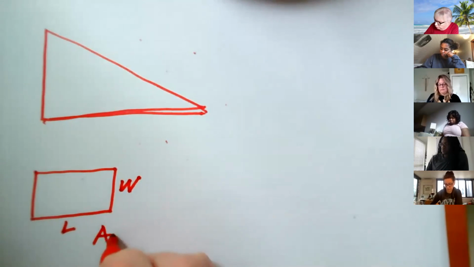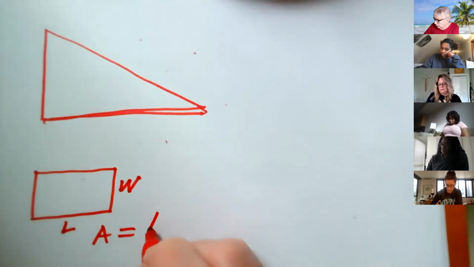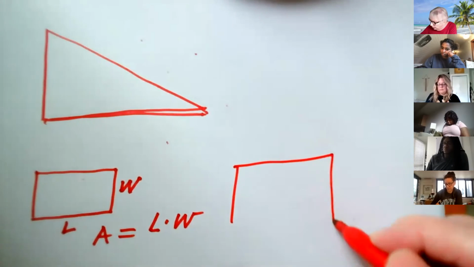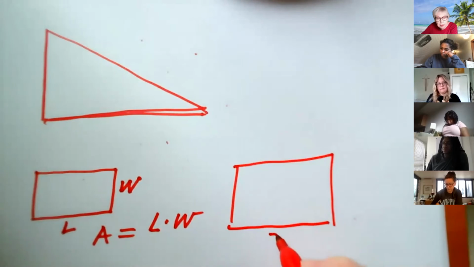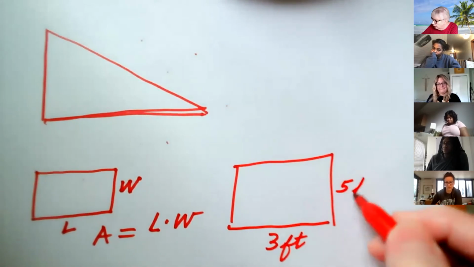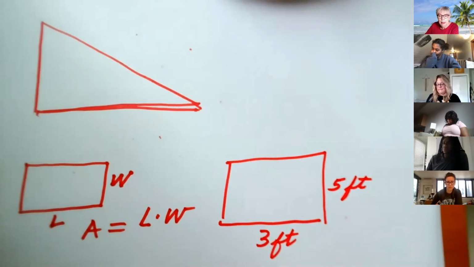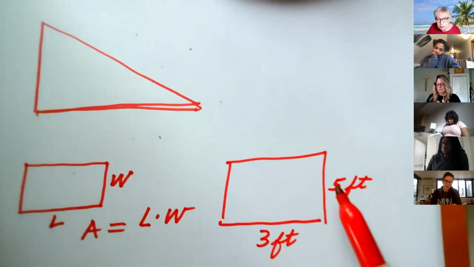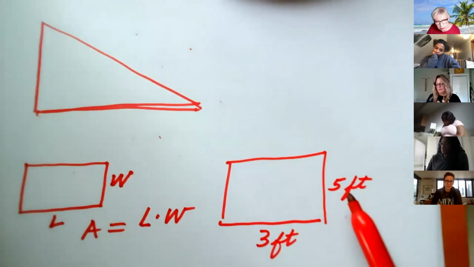And when you had to find that, the area was the length times the width. Is that right? So in a rectangle, if this was 3 feet and this was 5 feet, the area would be 3 feet times 5 feet, which is 15 square feet.